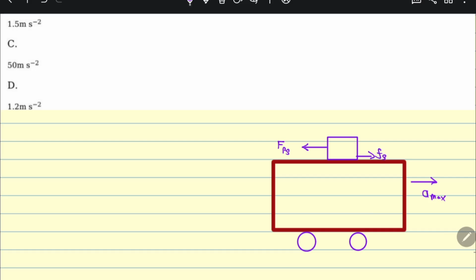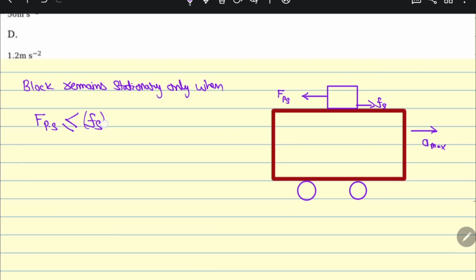This block remains stationary only when this pseudo force is less than or equal to the maximum static friction, that is limiting friction.